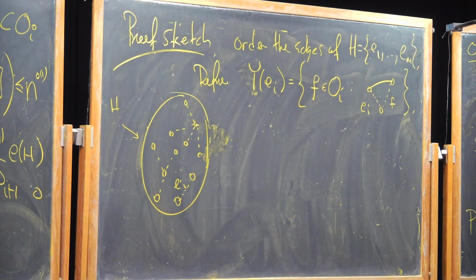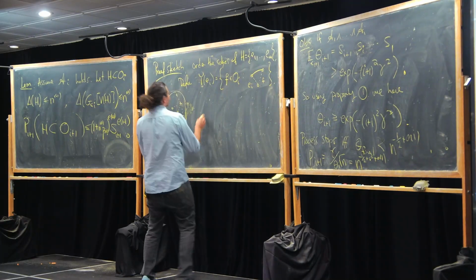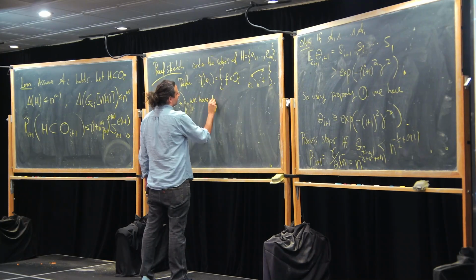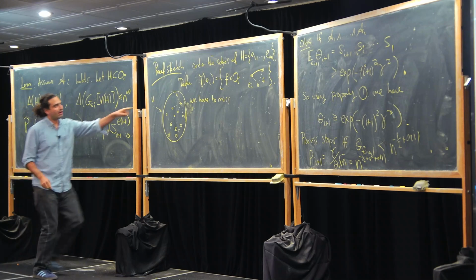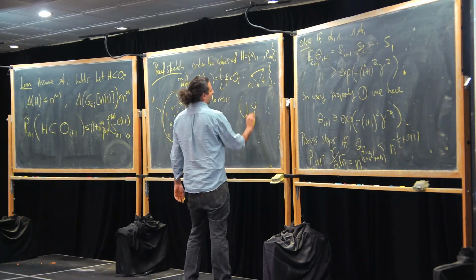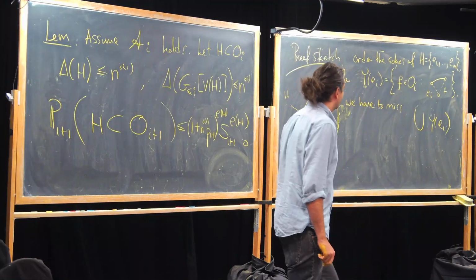OK? So in other words, that edge better be avoided. In fact, if this event is going to happen, we have to miss all of these edges that are in all of these sets, the union of the Y_{E_i}. OK?